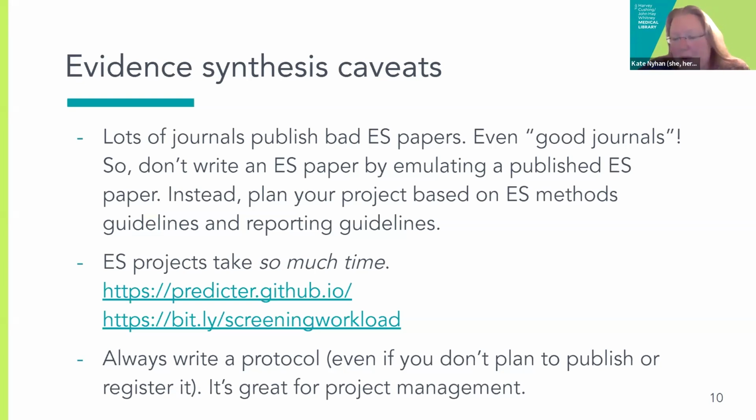You should read the paper and evaluate the paper itself. So, you don't want to write an evidence synthesis paper by emulating or imitating a published evidence synthesis paper. Instead, you need to plan your project based on methods guidelines and reporting guidelines for the particular type of systematic or scoping or rapid or etc. review that you are planning to write.